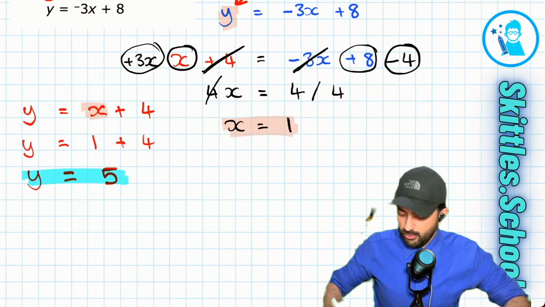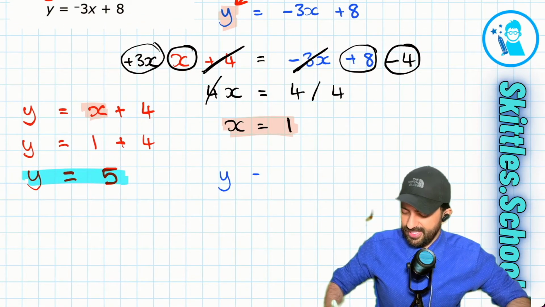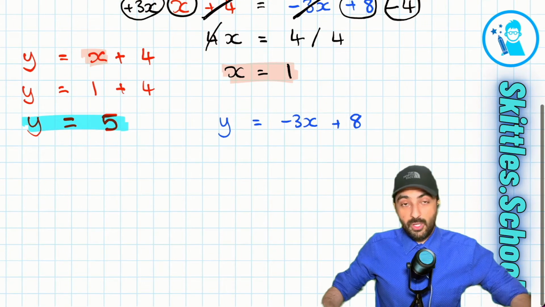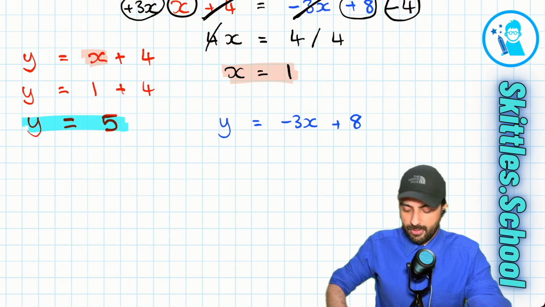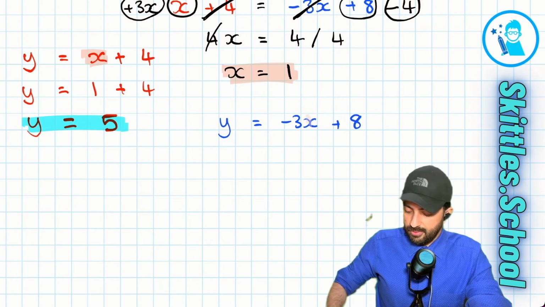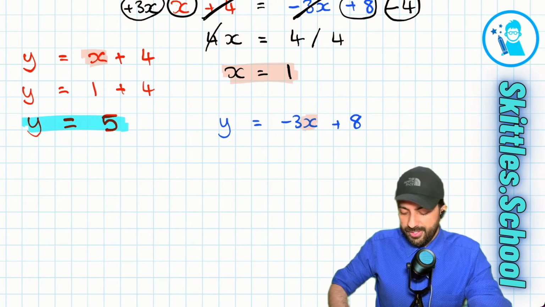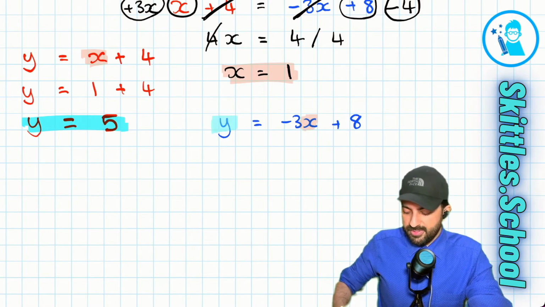And the second equation was y equals negative 3x plus 8. So we know what x is. X is 1. That's what we calculated. So we can replace the x with a 1. And we know what y is. Y is 5, so we can replace that with a 5. So let's do that. So y is 5.